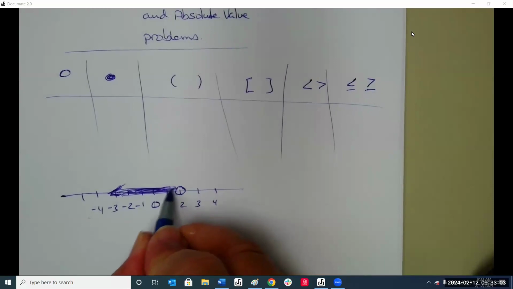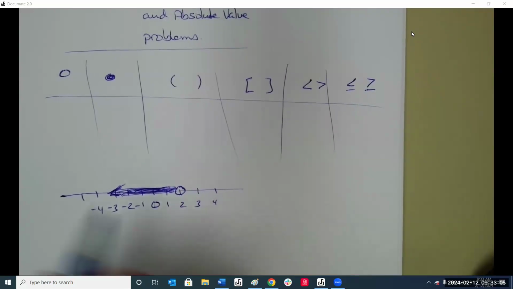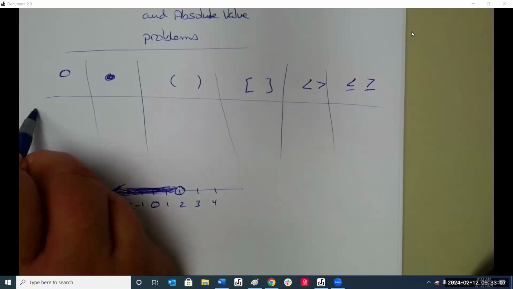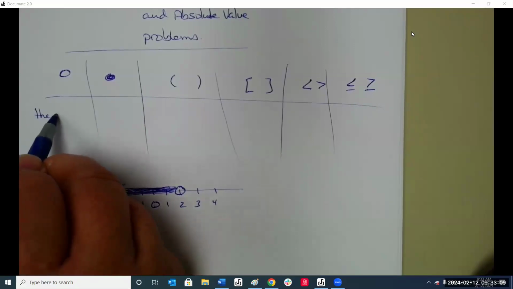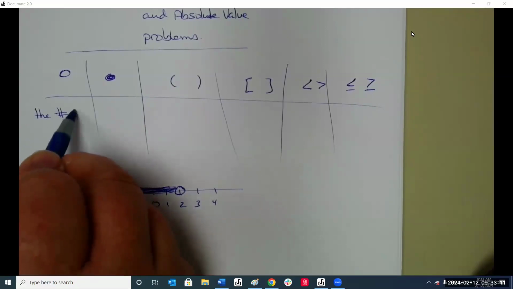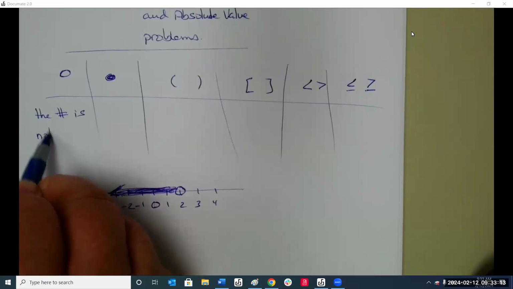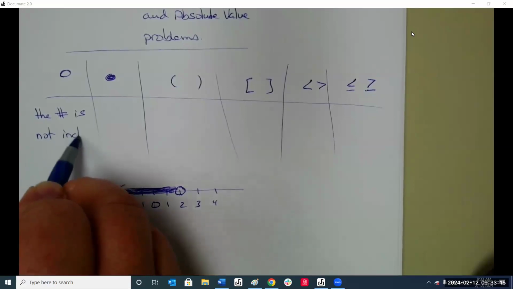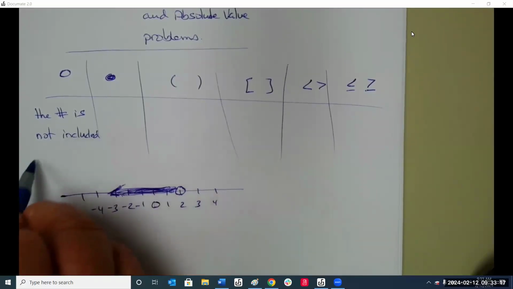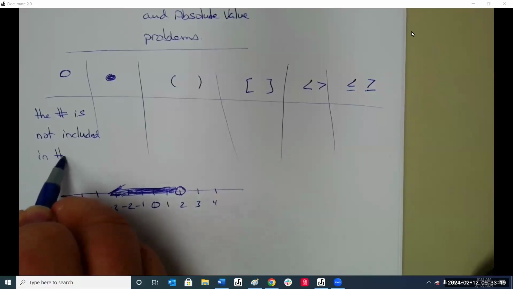If it's an open circle, what does that mean? The number is not included in the answer.